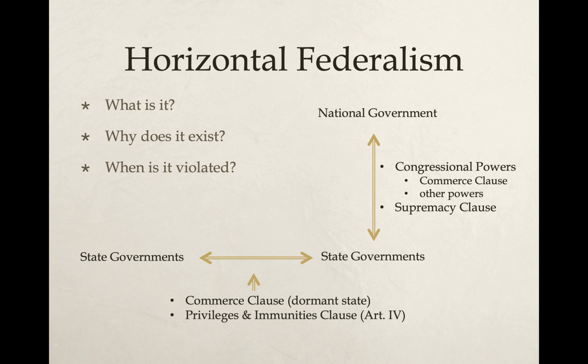But we spent several days, an entire week in fact, looking at the operation of the Commerce Clause as a positive power given to Congress. This week we look at the Commerce Clause in a very different light. We look at the Commerce Clause not as a grant of power to Congress, but as a denial of power to the states.